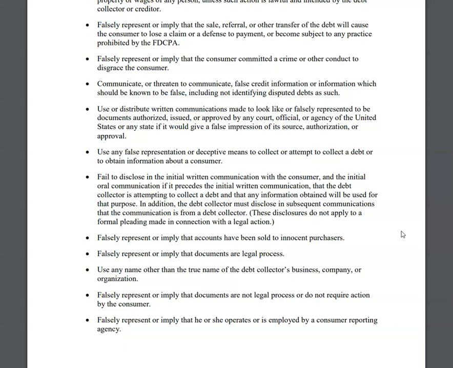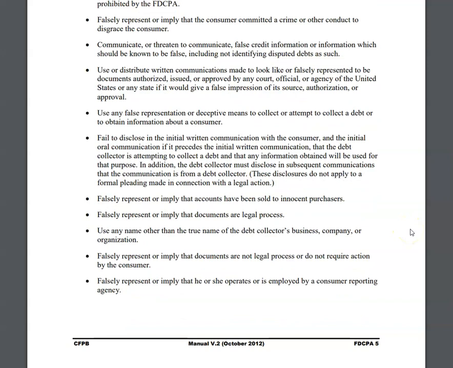Next, falsely represent or imply that accounts have been sold to innocent purchasers. Hold on, let's look at that.